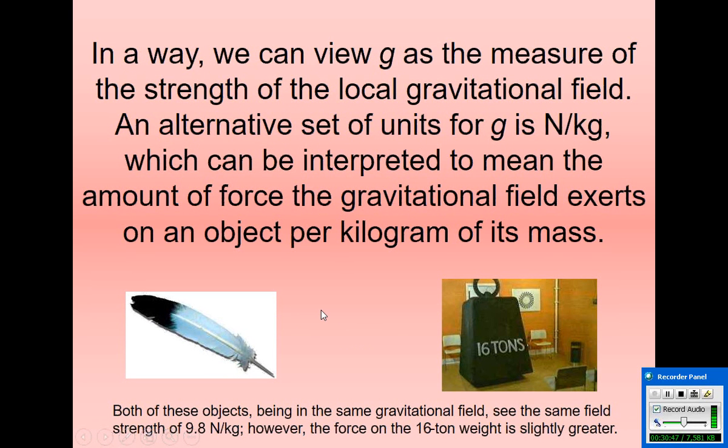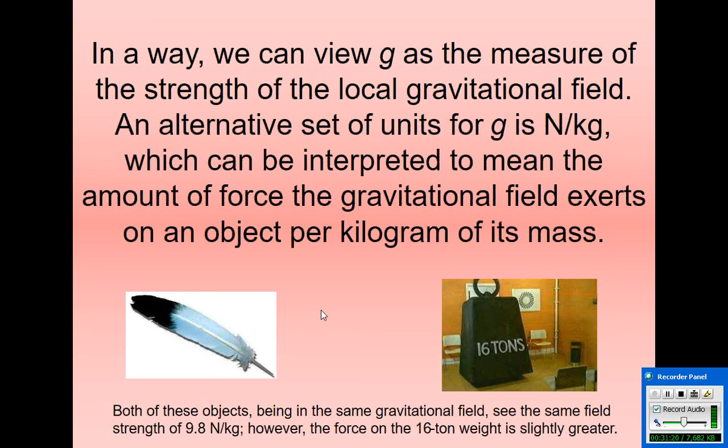A little side note, and this is sort of to set the stage for those of you who take Physics 150. We think of g as the acceleration due to gravity, but it's possible to show that an alternative set of units for little g is newtons per kilogram. And if we look at it in that context, g becomes more of a measure of the strength of the gravitational field itself. Newtons per kilogram, 9.8 newtons per kilogram.